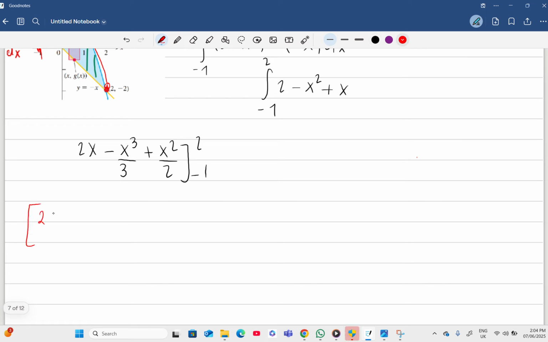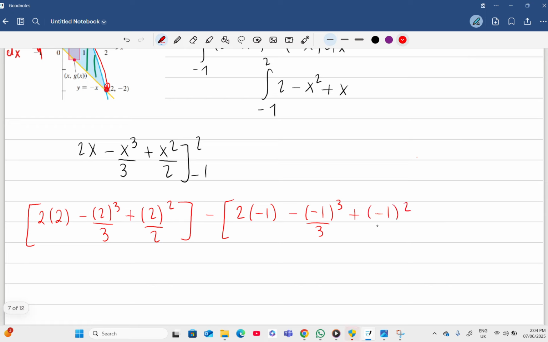So 2 times 2 minus 2 cubed over 3 plus 2 squared over 2, minus, now we're gonna substitute the -1: 2 times -1 minus -1 cubed over 3 plus -1 squared over 2, and then we're gonna just substitute each one on the calculator alone. Don't put them at the same time so you don't get any wrong answer.